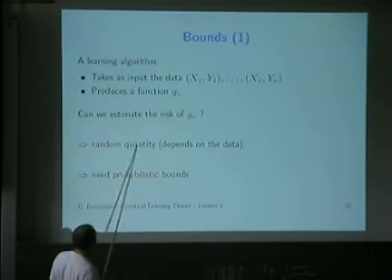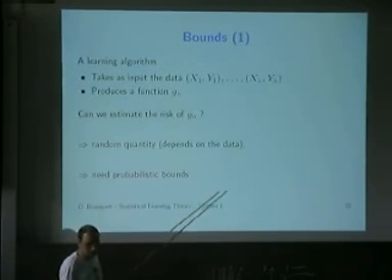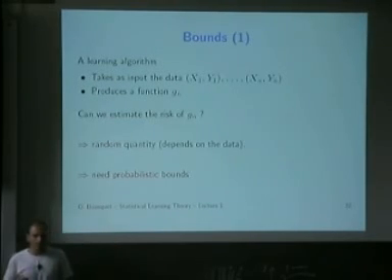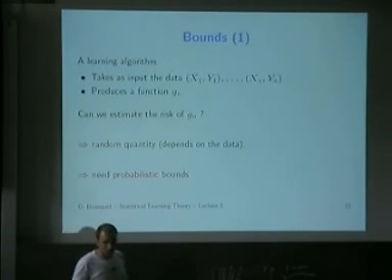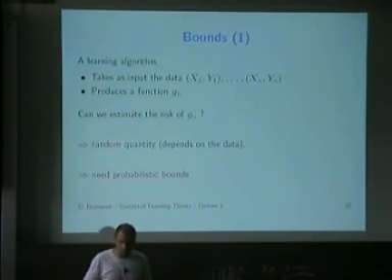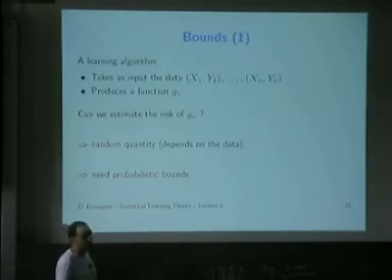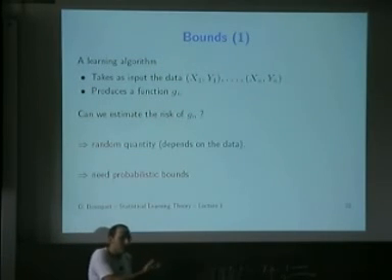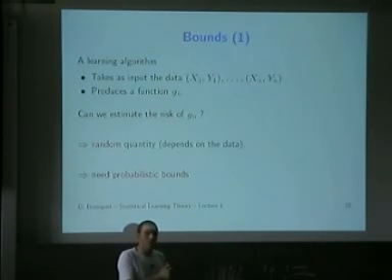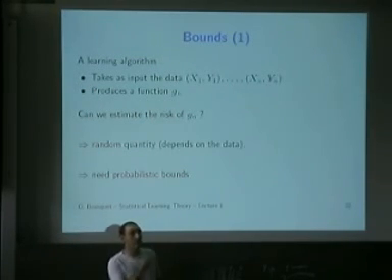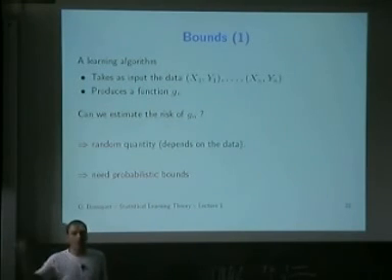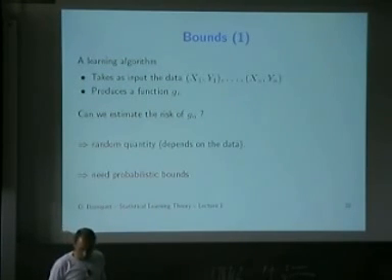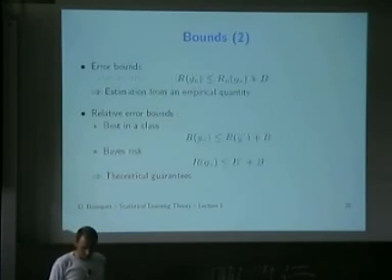As I said before, it's a random quantity which depends on the data, and this means we cannot make statements about the risk of Gn that hold all the time, because it may always be the case that we see some data, and on that data we think, oh, Gn is very good, but this data does not capture well the behavior of the whole distribution T. So we need what are called probabilistic bounds.